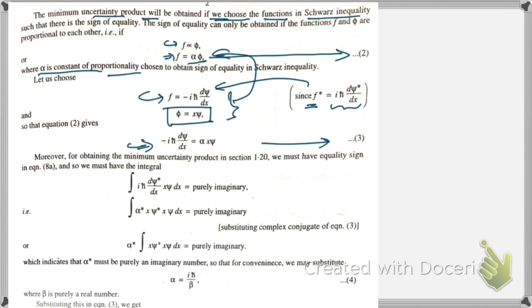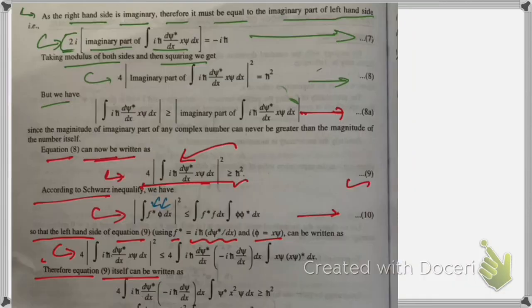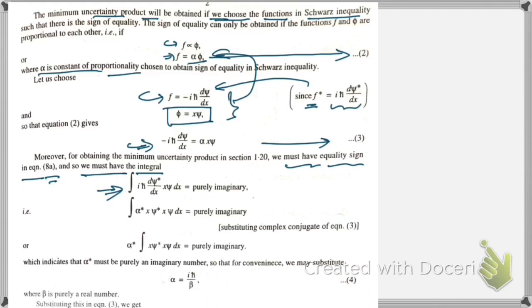Then here you see, we must have inequality sign in equation number 8a, and so we must have the integral. So this result we have got from 8a, so let's go to 8a. This is 8a, right? So this is what we have got in 8a. So this part must be purely imaginary, right?